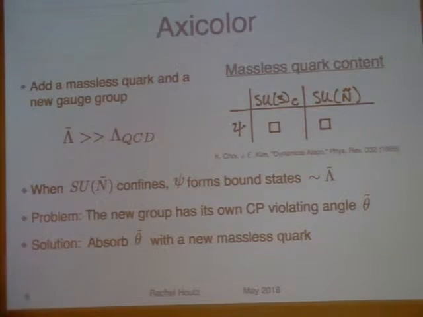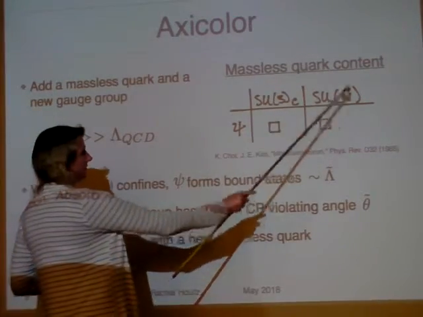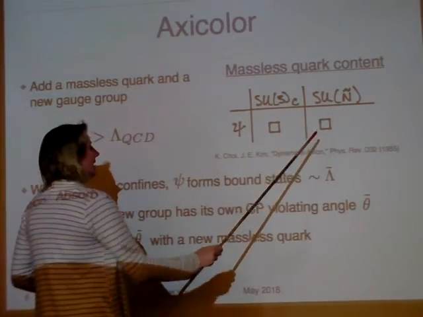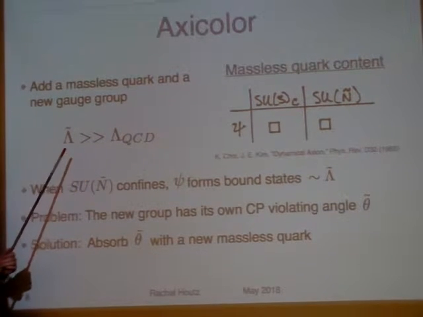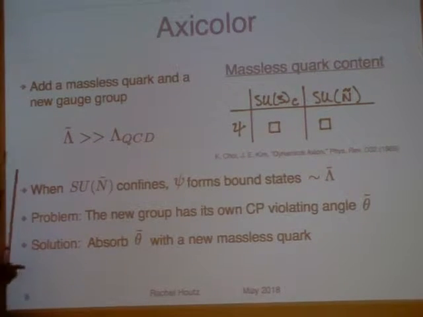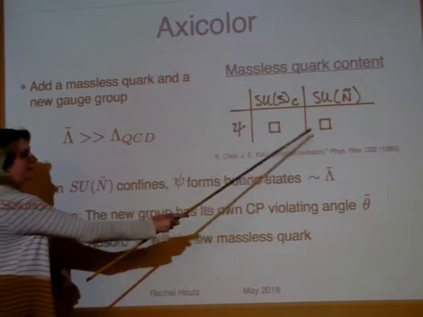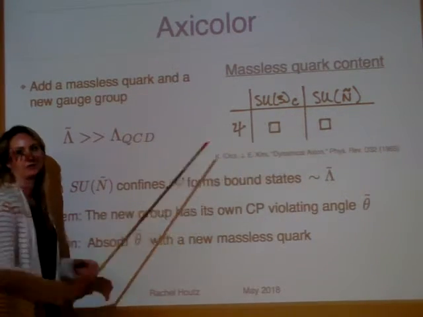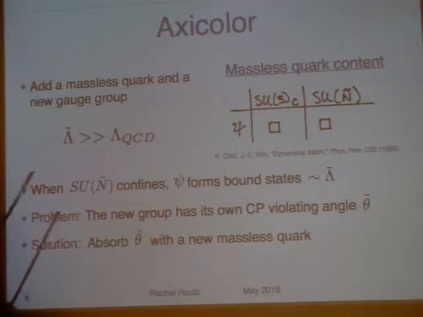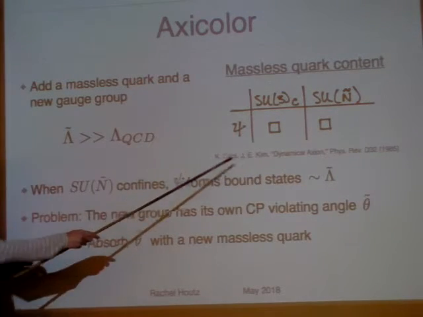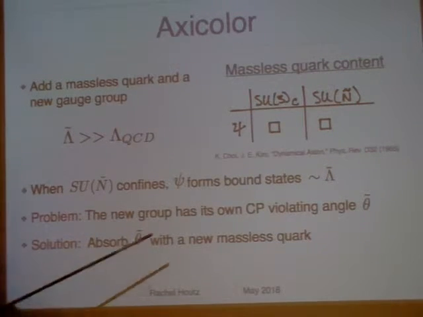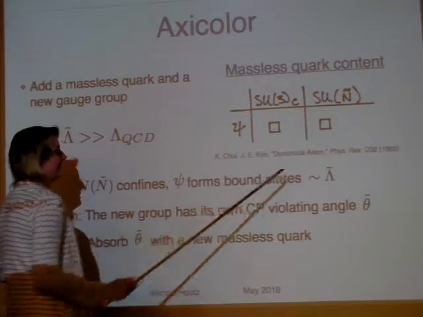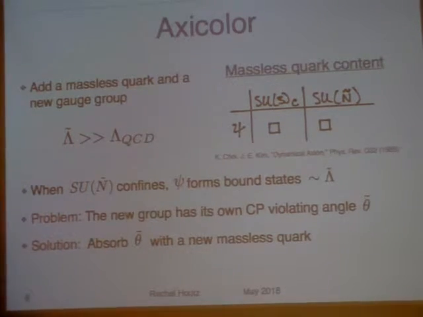But they want to hide it somehow, so they introduced this axicolor group, SU(N) tilde, and they set it up so that SU(N) tilde confines at a much higher scale than QCD. And so when SU(N) tilde confines, even a massless quark charged under this color group will form bound states near the confinement scale. In this sense, they can remove this massless quark from the theory, or hide it.